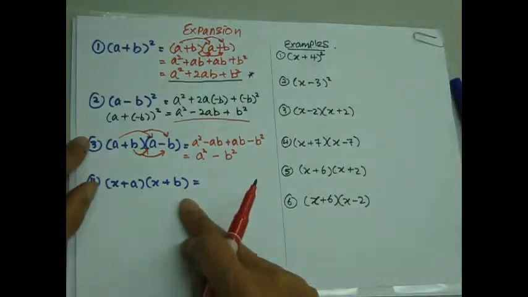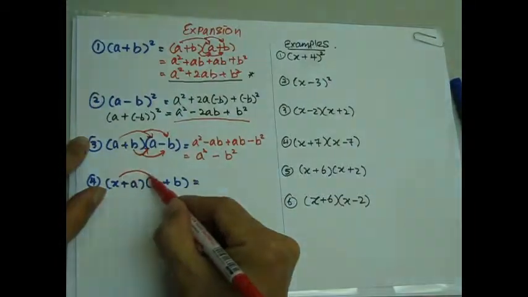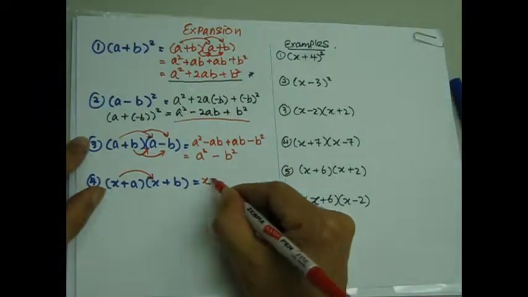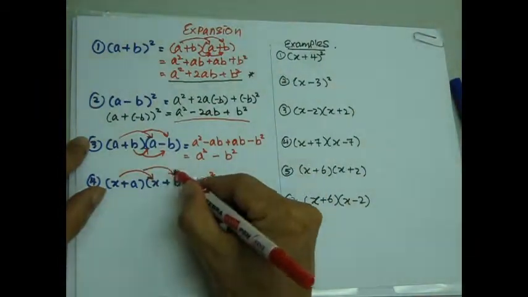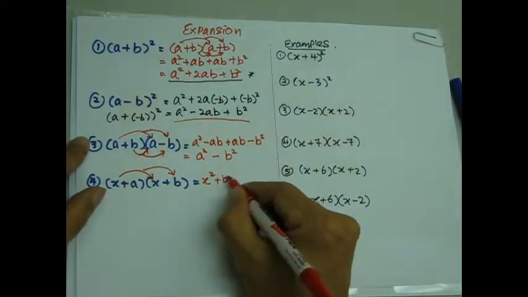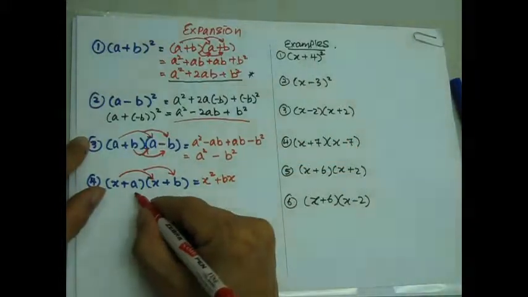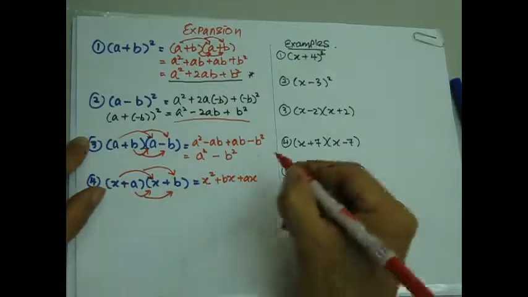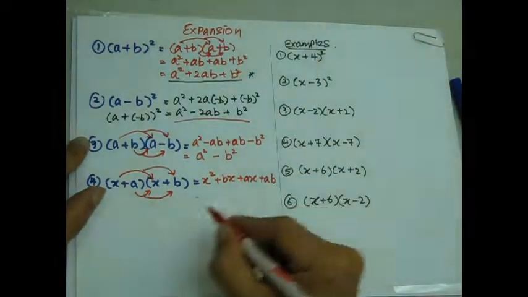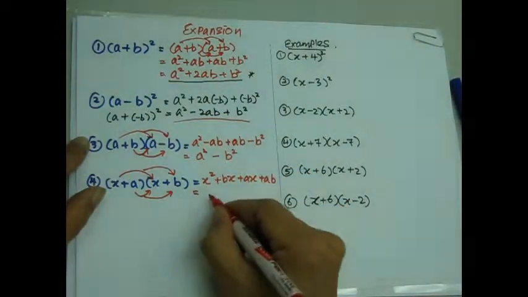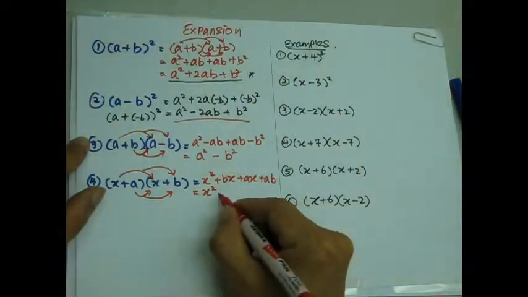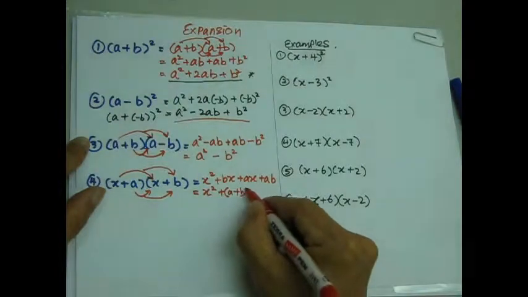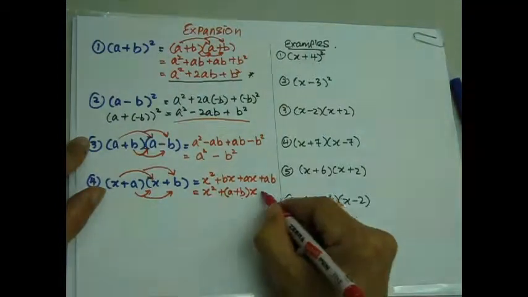And finally last, we have this. Let's try to do this step by step. x times x gives me x squared. x times b gives me bx or xb. a times x gives me ax, and then a times b gives me ab. So organizing and simplifying, it is x squared plus (a + b) with a common factor x, plus ab.